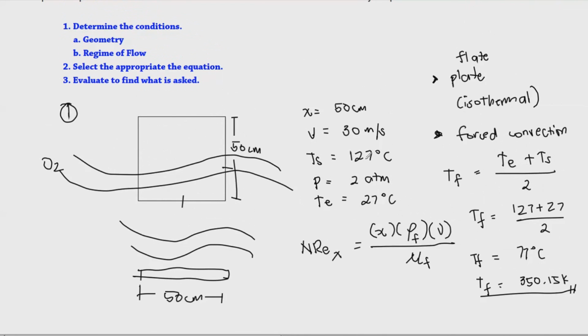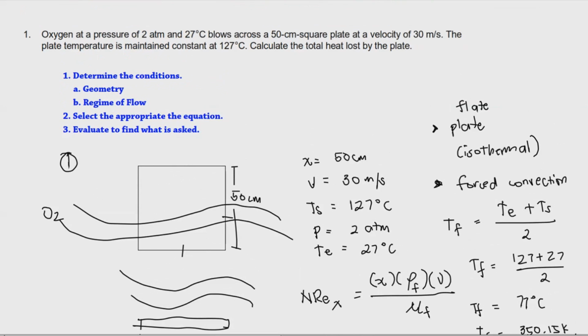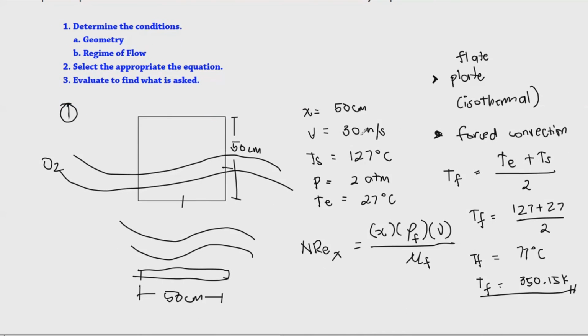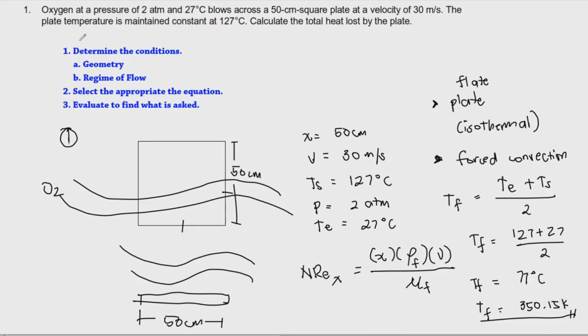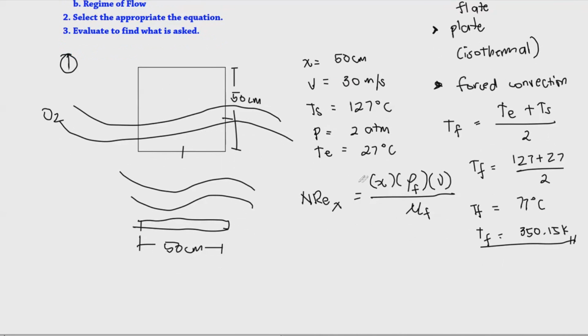So with that, let's look at our oxygen in the Paris Handbook. At first we need to find the region of flow, since we're just doing number 1, or determining the conditions. And by the way, what I did here is actually also written in your Paris Handbook.